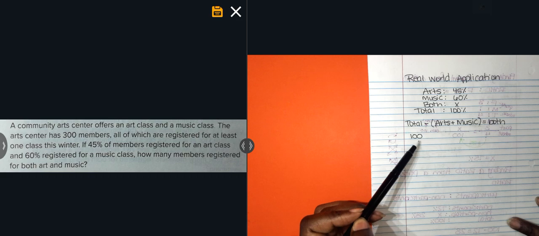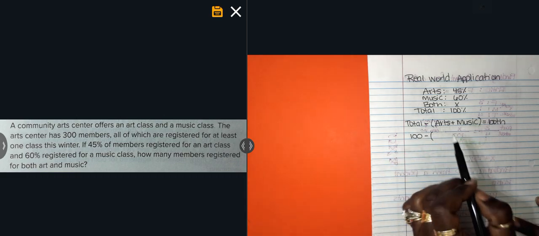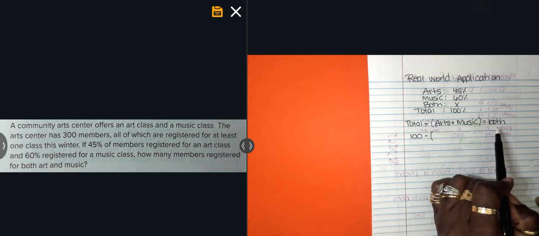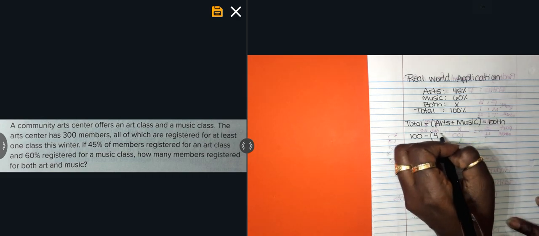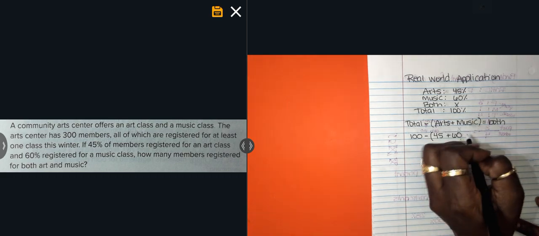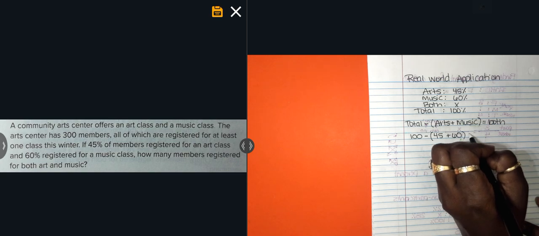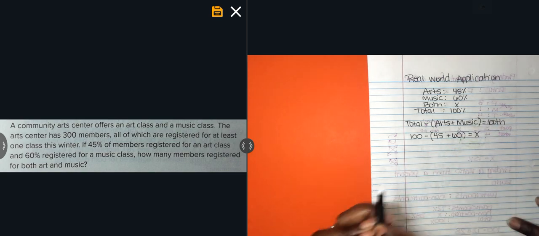So we're saying for every 100 people that are signed up, we're going to take out those that are signed up for arts and music to figure out what the difference is for those that are signed up for both. So the arts is 45 plus the music, which is 60. And then that will give us the value for both of them, which is listed as X.